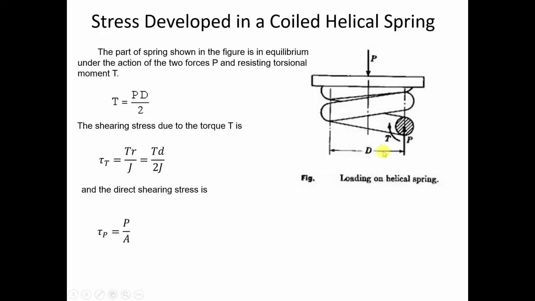Also, due to the application of this reaction force P, a shear stress is also generated. Let this shear stress be represented by tau P, that is equal to P by A, where P is the opposite reaction force and A basically represents the cross section area.